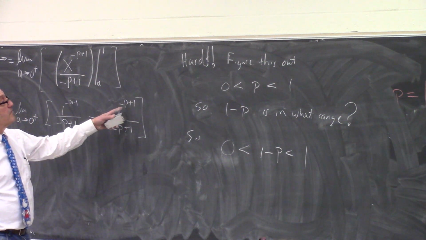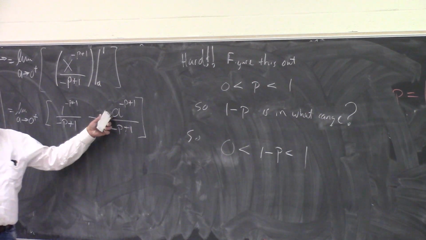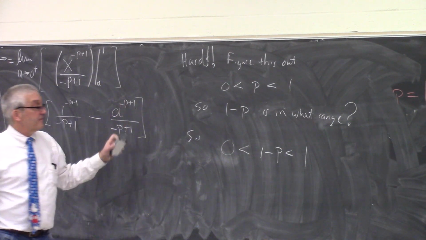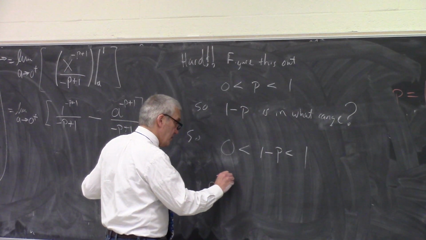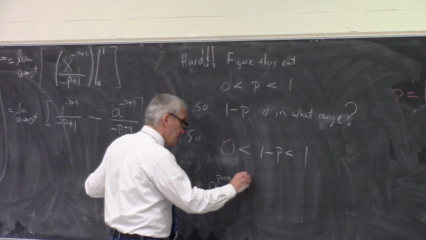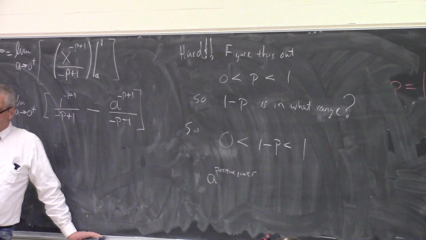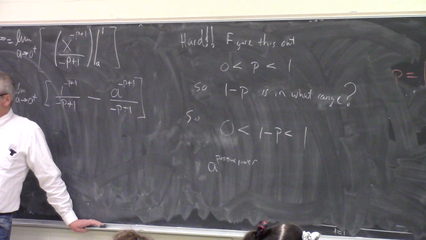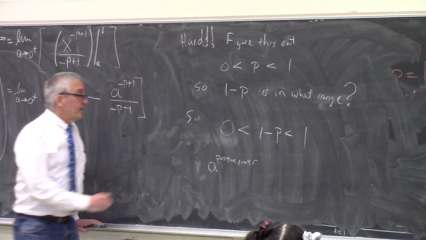So this is the same as saying 1 minus p. So I have a raised to a positive power. So a is a positive number, and I raise it to a positive power, so I get a positive number. So what is this going to be?